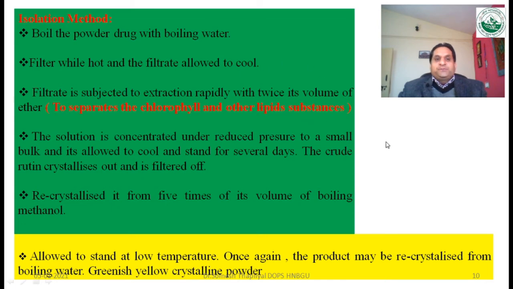And if you see the isolation method of rutin, first of all we take the drug and convert it into powder form, then we boil the drug with water for sufficient time as described by the official monograph, followed by filtration. But the filtration should be done when the extract is hot. It should always be filtered under hot conditions, followed by cooling.